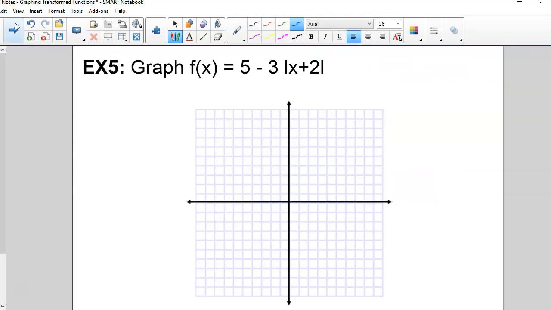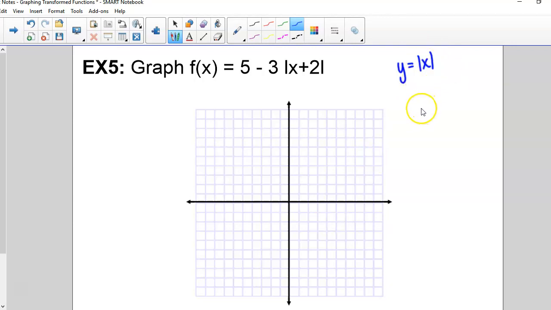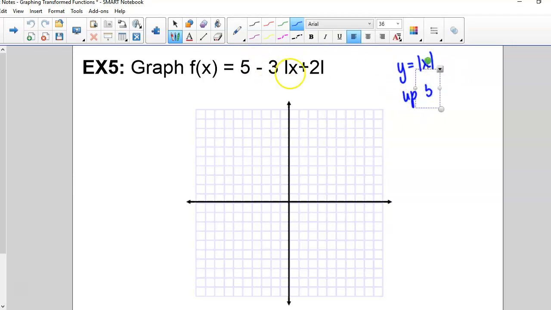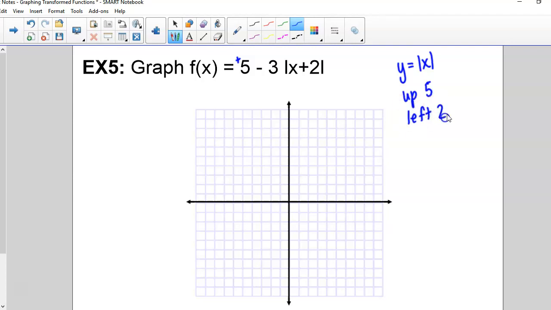For example 5, we've got the absolute value of x as our parent function. Andrew, tell me one thing that happens to this graph here. Okay, very good. Up 5. That 5 right there is positive, even though it's out front. It's not multiplied, so that's our up 5. Patrick, something else. Okay, good. Left 2.